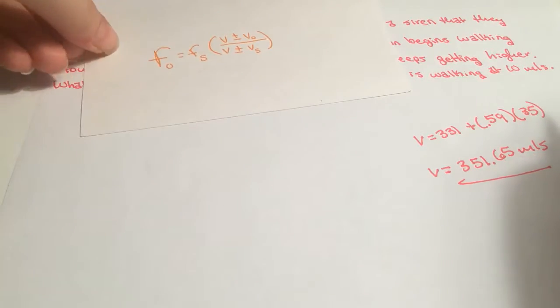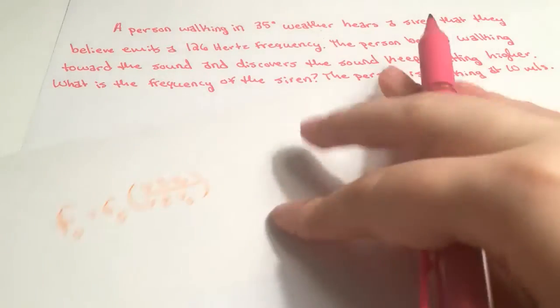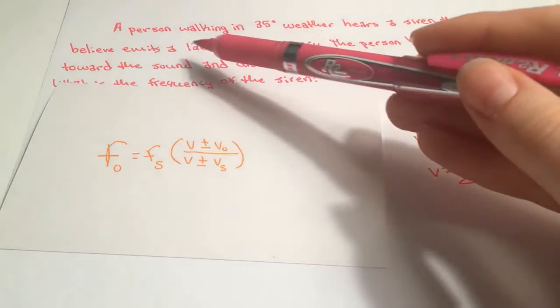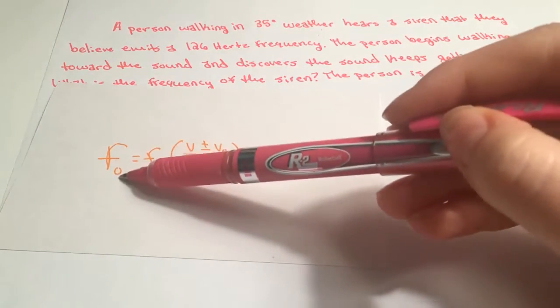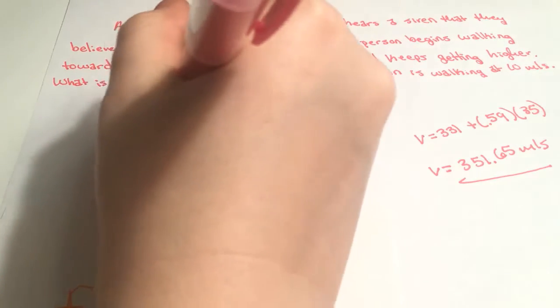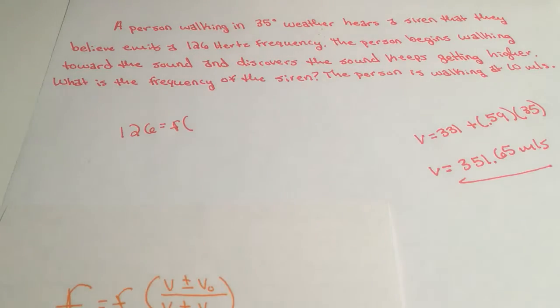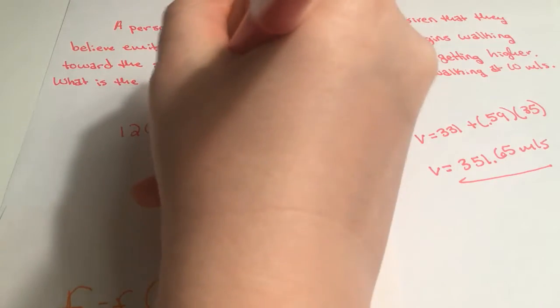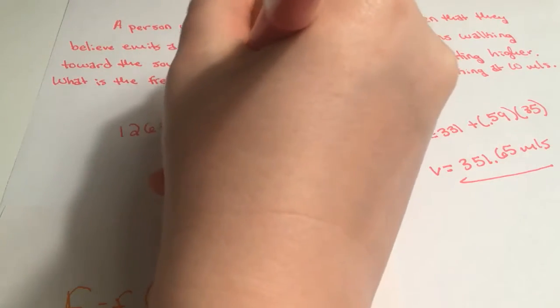And now we're going to use this formula. And since he heard 126, it's going to be the observer, which is what the O stands for. So 126 equals F, because that's what we're looking for, times 351.65.